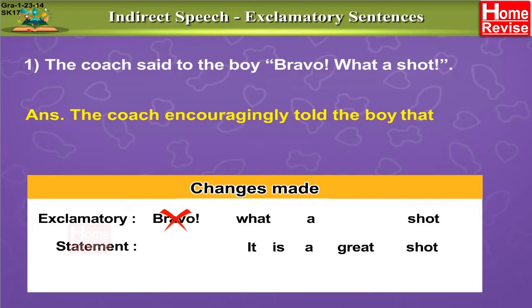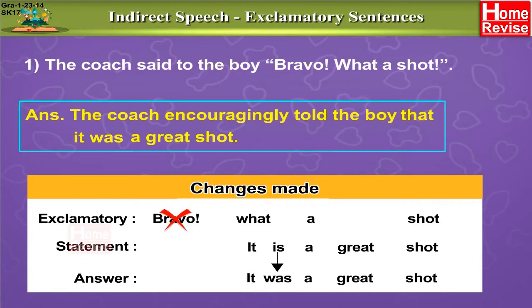And since it is reported speech, it has to be in the past tense. So in the past tense, the sentence will be, it was a great shot. So the answer will be, the coach encouragingly told the boy that it was a great shot. Full stop.